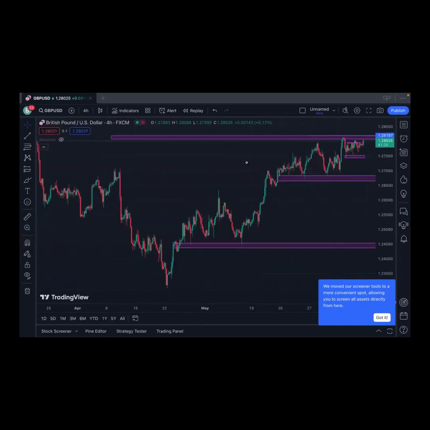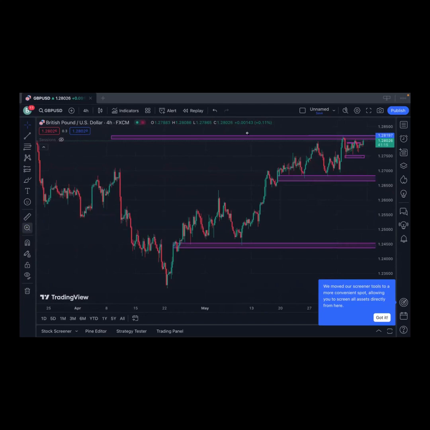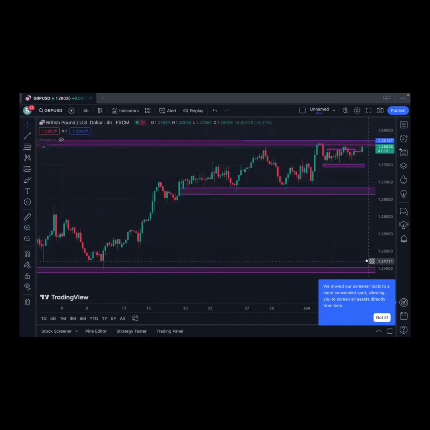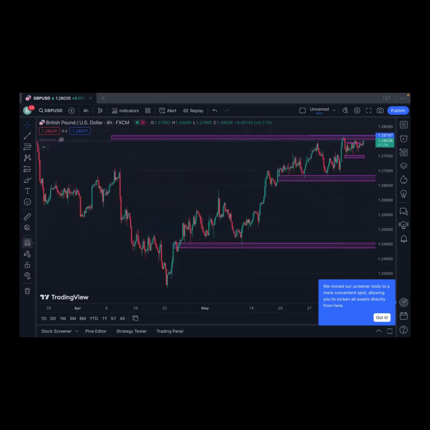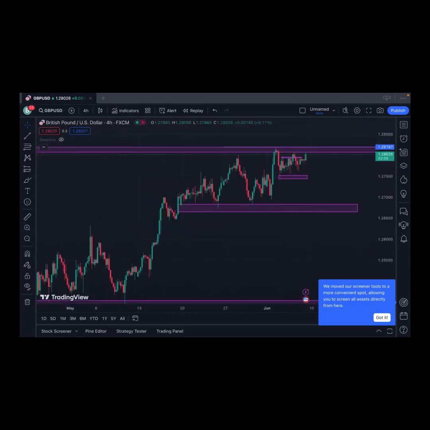You click on it, hold your mouse down, then drag it across the area you want to zoom. Make sure the box that is coming out is covering that area. You understand? Yes, that is right. Make sure the box is covering it.